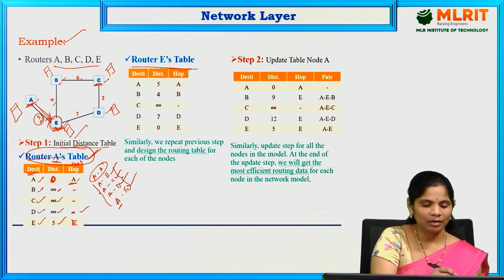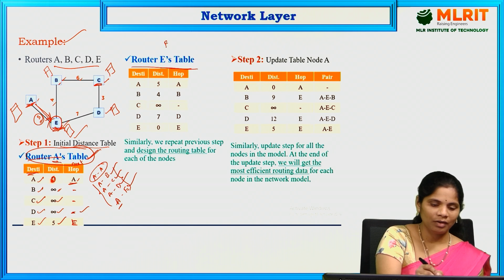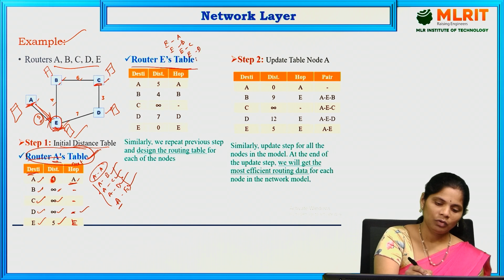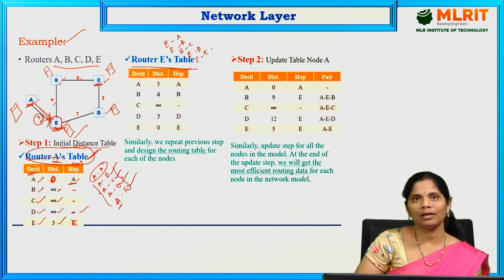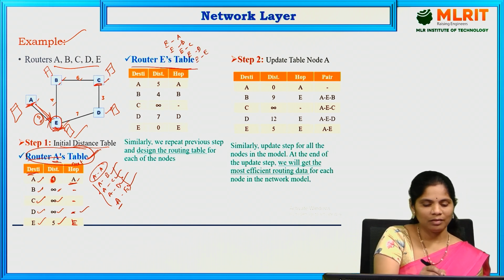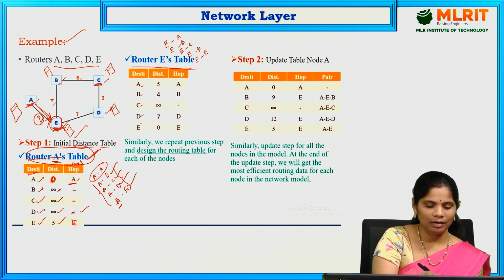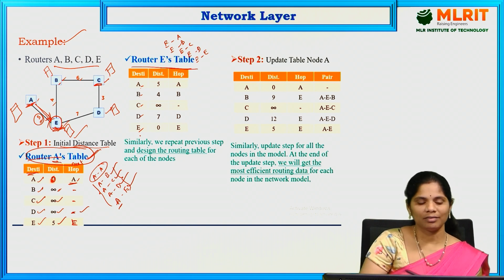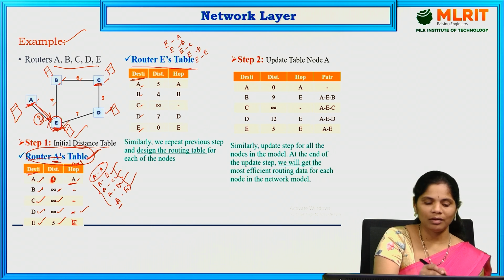For E also we have to find the E to A distance, E to B, E to C, E to D, and E to E. That is, A, B, C, D, E we are going to find. For E to A, the destination is A. From E to B, E to C, E to D and E to E. This is the condition. For each and every router we are going to find the distance.